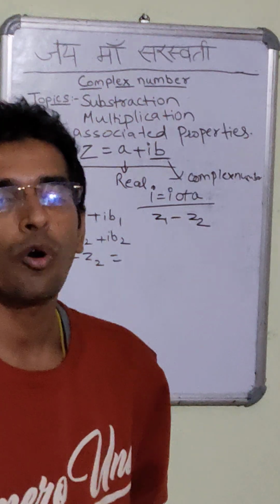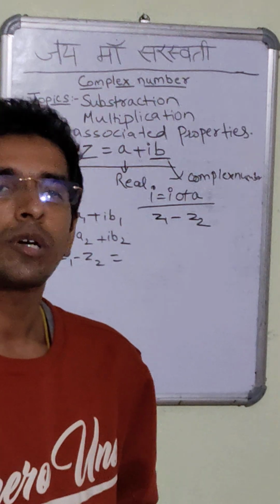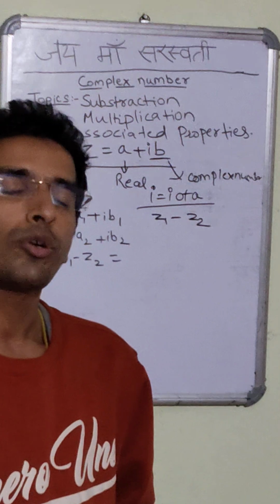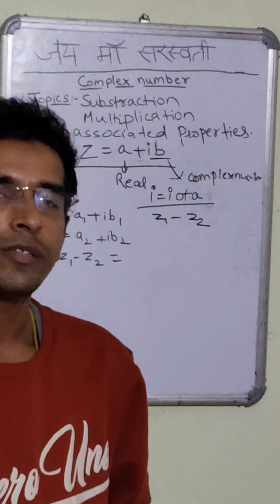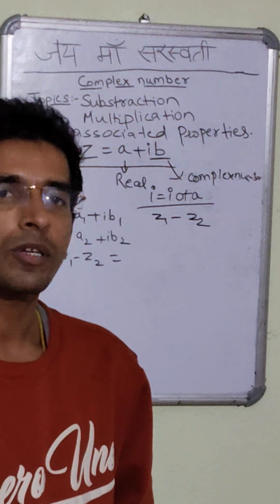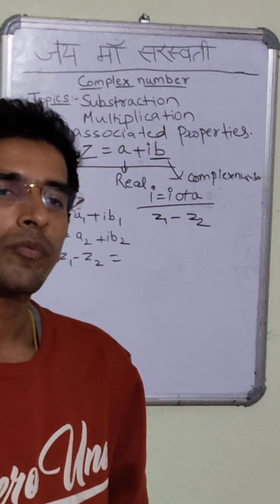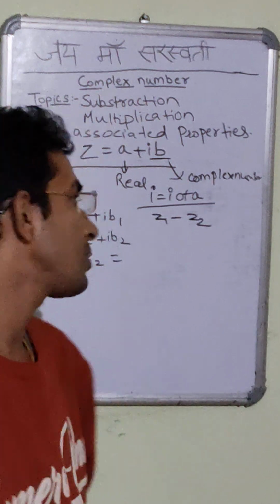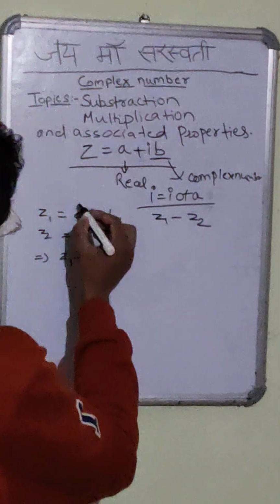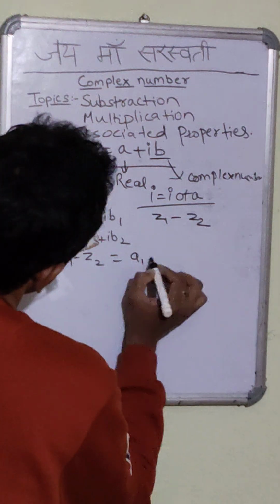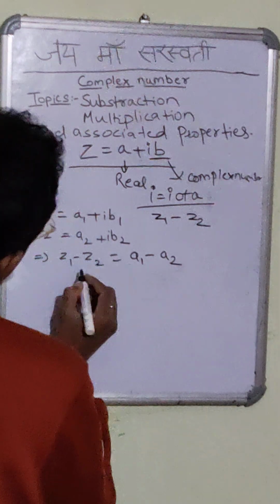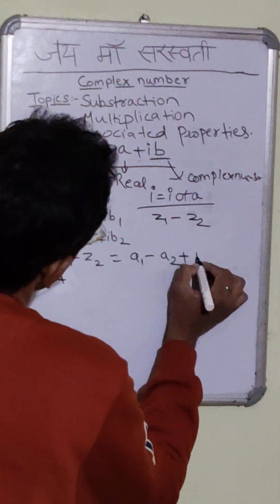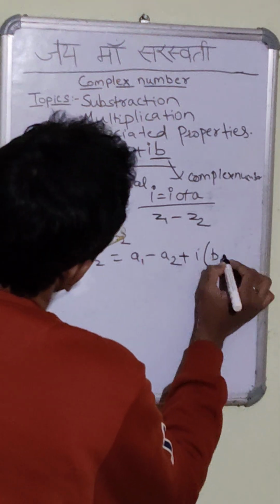For performing any mathematical operation on a complex number, we first have to classify its real part and its imaginary part. So z1 minus z2, the real part is a1 minus a2, and for the imaginary part we take i common, b1 minus b2.